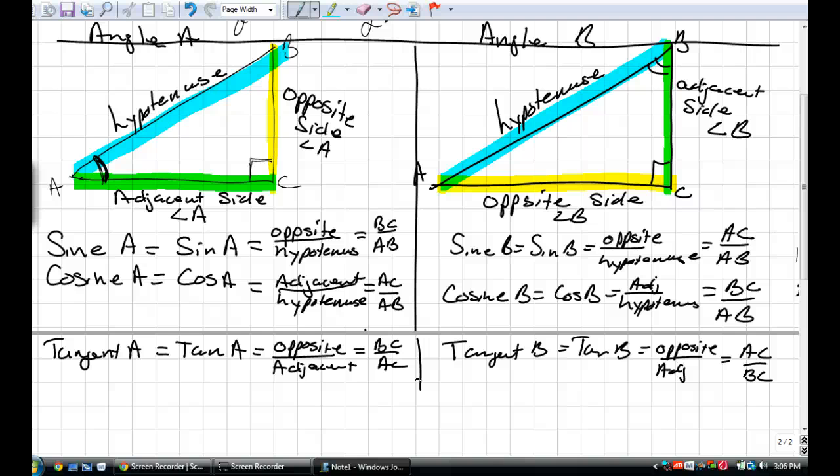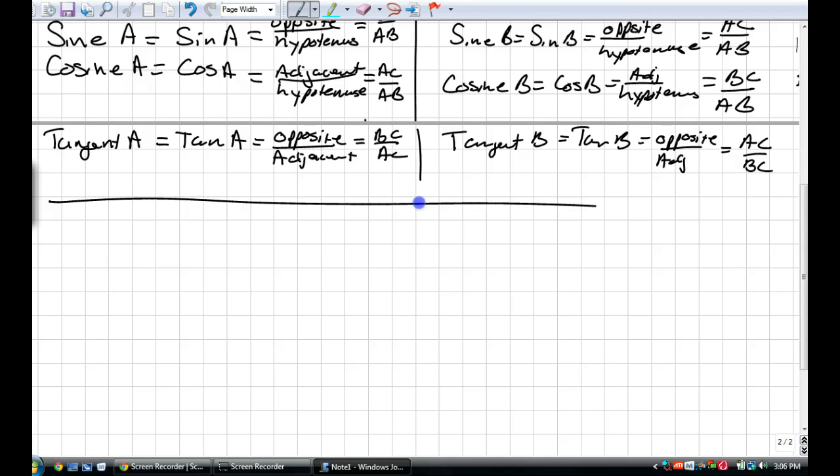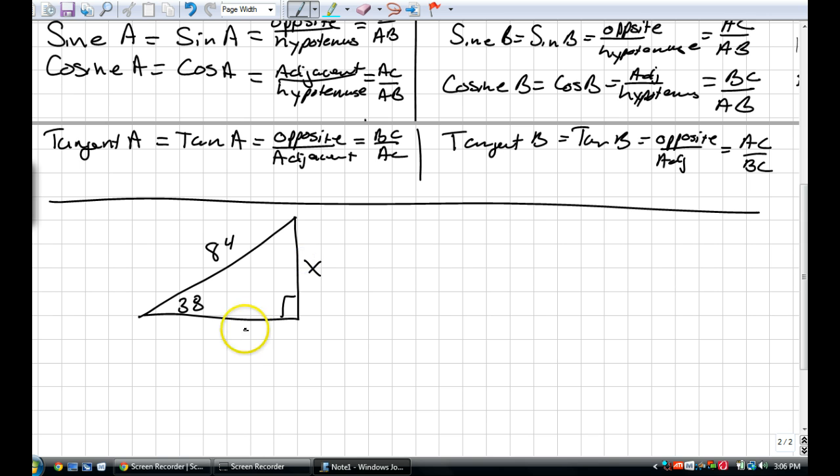But the whole point here is that in a right triangle, we can use these ratios to find missing values. So for instance, if I have this right triangle, and I know this is 84, this is 38, this is my right angle, and I want to know the length of this side and the length of this side.